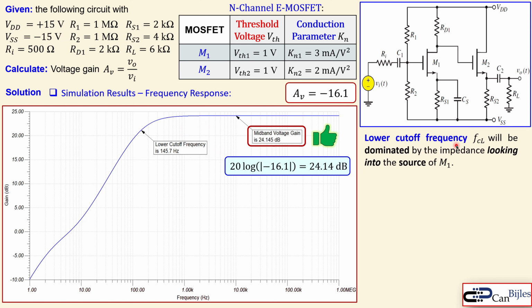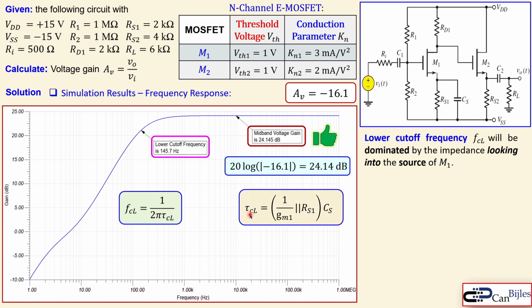The lower cutoff frequency, denoted by FCL, will be dominated by the impedance looking into the source of M1, because it's for the first stage, and the impedance looking in here is RS1 in parallel with 1 over GM1. So for this, we need to calculate that using this formula, which is 1 over 2 pi times the time constant.